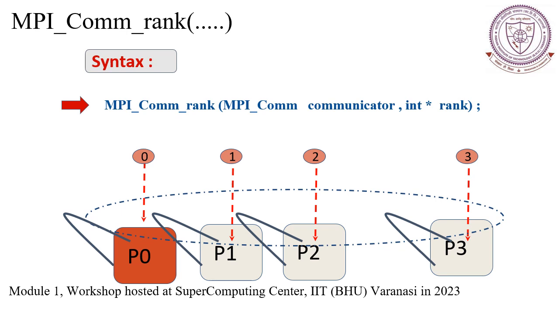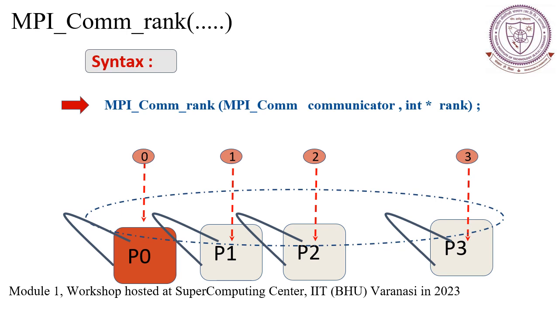The integer variable is used to store the rank of the current process in the communicator. The rank of a process is a unique integer that identifies the process within the communicator. Processes are numbered 0, 1, 2, 3, up to n, where n is the total number of processes in the communicator.